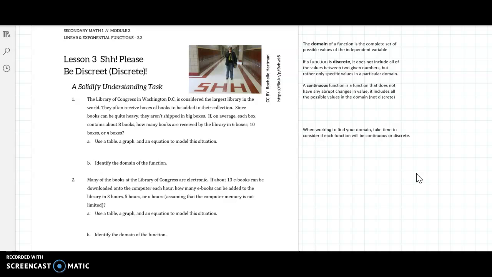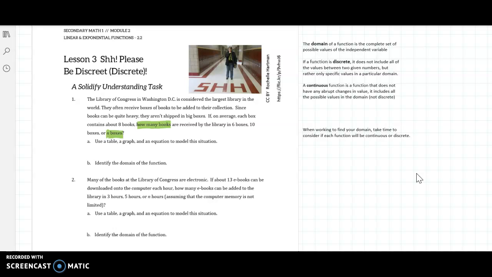Allow the number of boxes to be the input, n, and the number of books to be the output, f of n. Model this situation using a table, a graph, and an explicit equation.